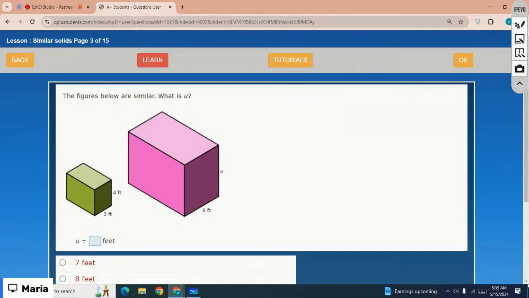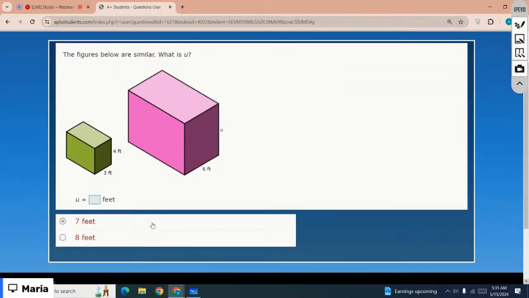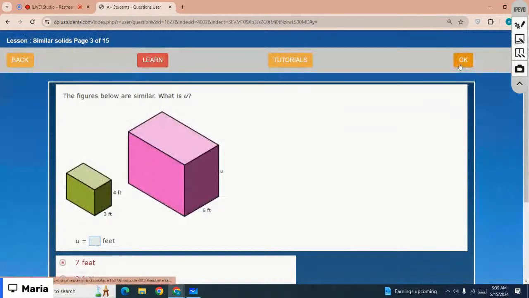So the correct option is 7 feet. You can make a ratio and solve the question. The correct option is 7 feet.